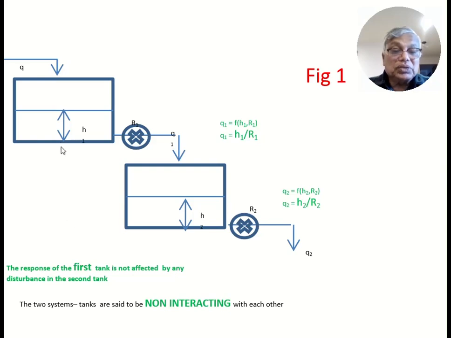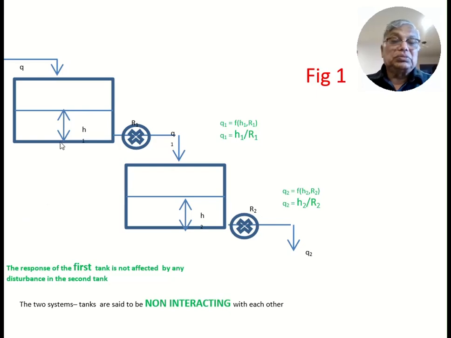If the response of the first system is not affected by any disturbance in the second system, then we call them non-interacting systems in series. Even though it is illustrated with respect to tanks because it is easier to understand, this definition is true for all first order systems connected in series.